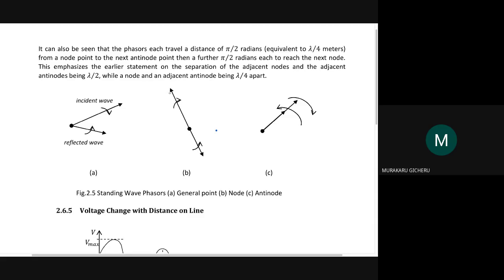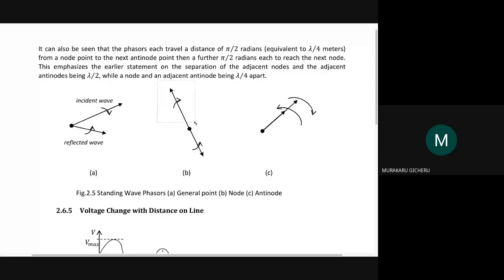And if this one at the top is going in the clockwise direction, and this one at the bottom is going in the anti-clockwise direction, the line at the top will travel a quarter of the whole circumference, and the line at the bottom will also travel a quarter of the whole circumference.